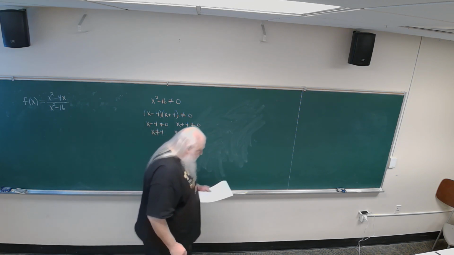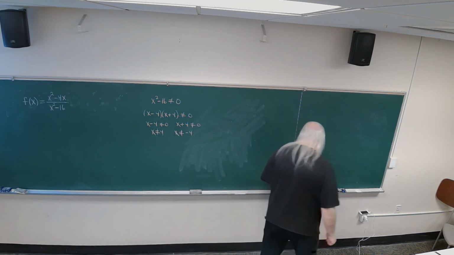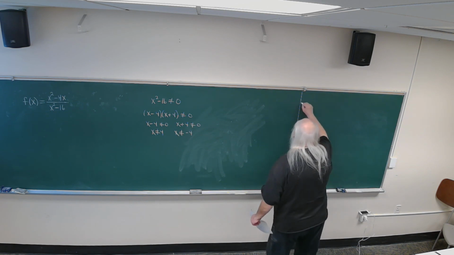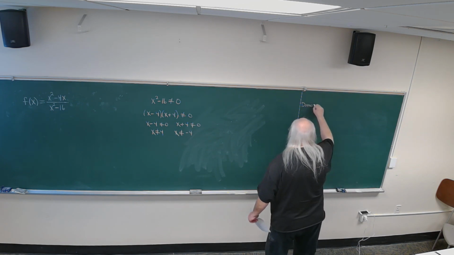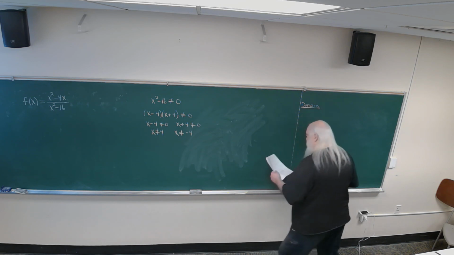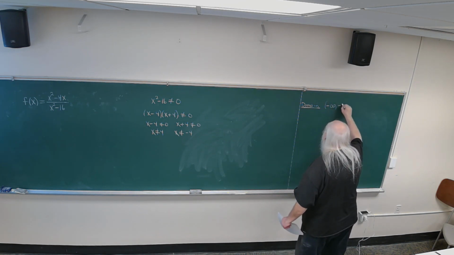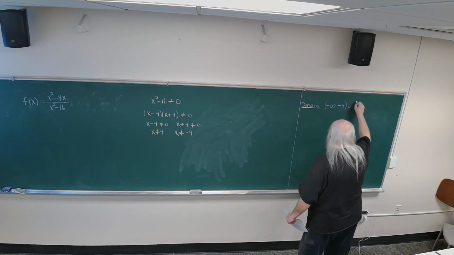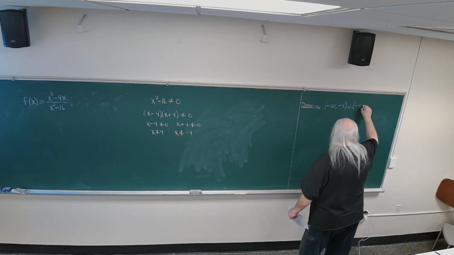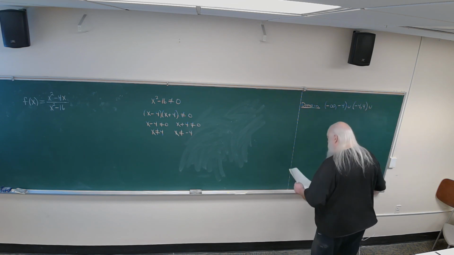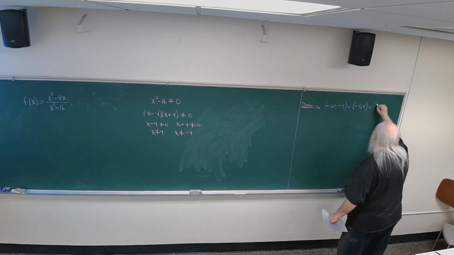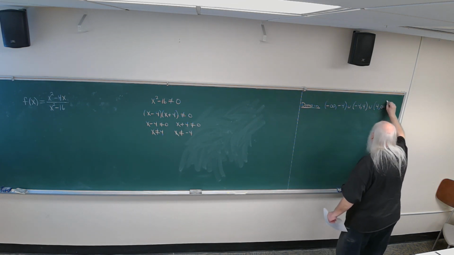Okay. So in interval notation, the domain is minus infinity to minus 4 union minus 4 to 4 union 4 to infinity.